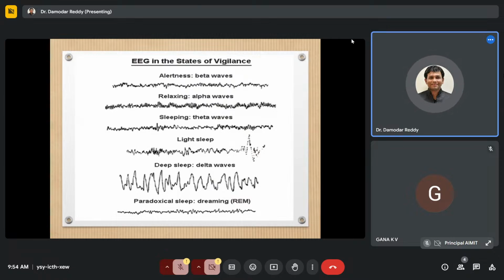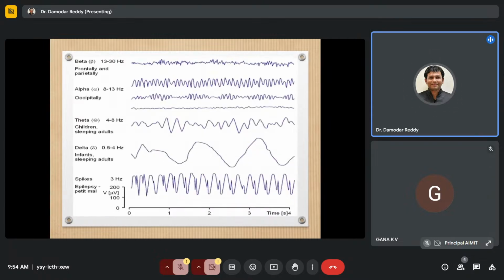It is not difficult to have a voice alert mechanism that alerts the driver and also sends a message to the concerned person, and the vehicle can be automatically controlled when such states of vigilance are observed. As I mentioned, each has a different range: beta 13 to 30, alpha 8 to 13, and theta and delta are different.